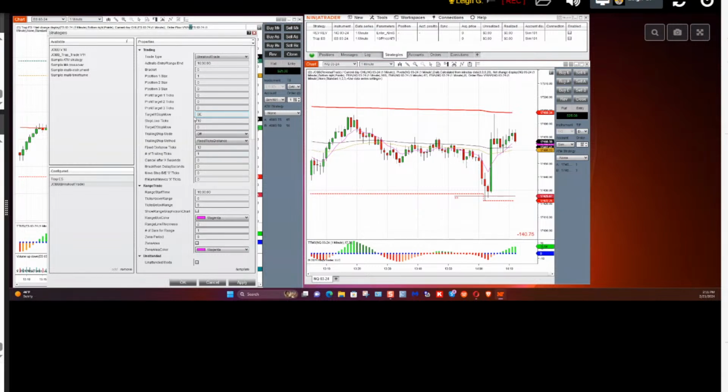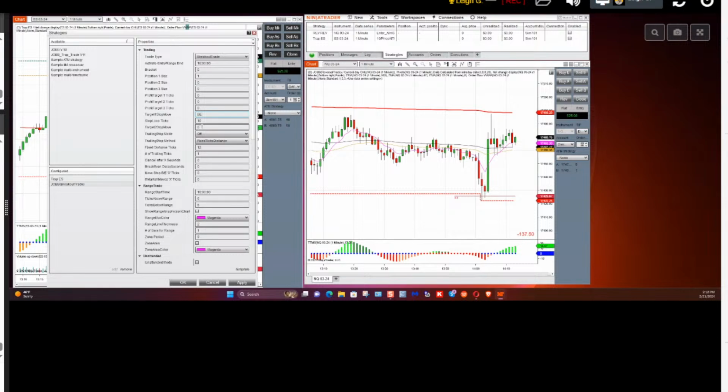You can type BE plus 10, BE minus 10. So you have the break even button, which is manual. The target one stop move moves the stop to break even automatically once the first target is hit. Target two stop move does it after target two gets hit. So that's how you do it.